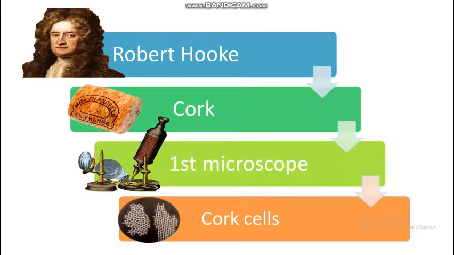But as this cork is a non-living thing, we won't be discussing the cork cell particularly. As it is a life science subject, we will be mainly discussing what a plant cell is and what an animal cell is. Now let's move into the details.